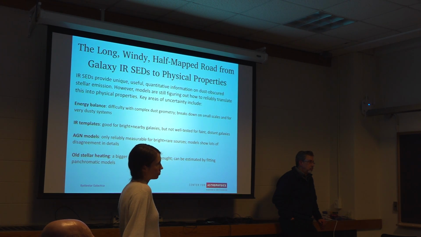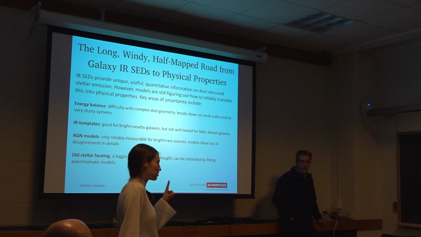So applying energy balance would be kind of a silly thing to do because the light you see is unrelated to the light that you're trying to intrinsically model. People calculate star formation rates by basically taking the infrared luminosity and changing it into a star formation rate. I think AGN is a big uncertainty for that, but aside from that, a lot of these don't really apply so much. Whole stellar heating, not a big deal.